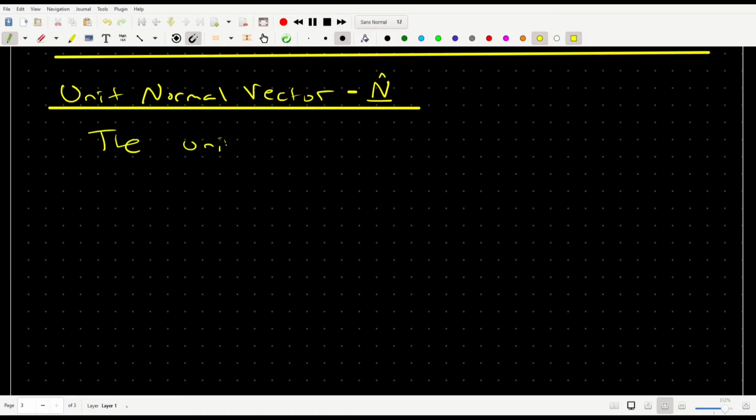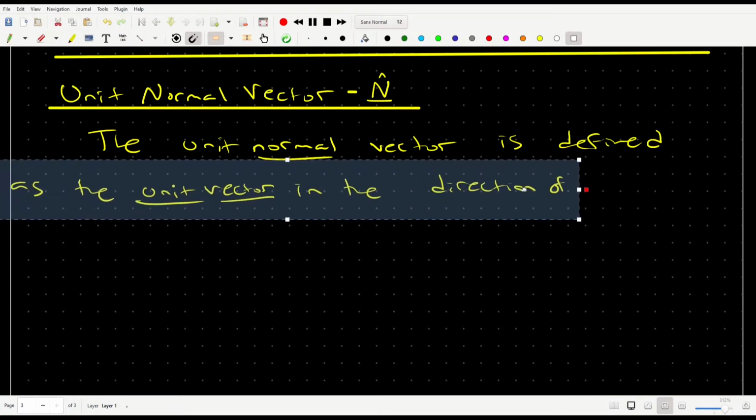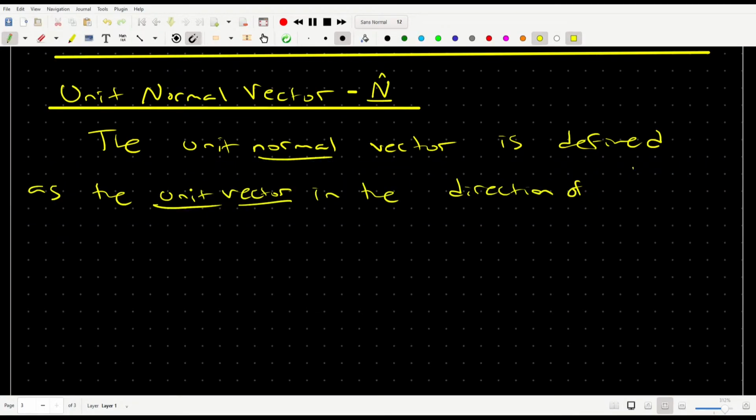The unit normal vector is defined as the unit vector in the direction of the derivative of the unit tangent vector with respect to arc length, the rate of change of this vector with respect to arc length.